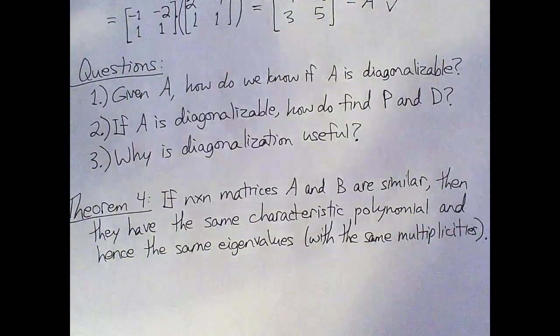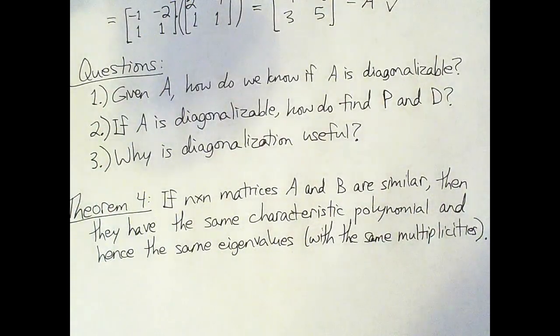So I don't really know if this seems surprising or not. I mean, we have this definition of similar that we just introduced, but the definition didn't really say anything about eigenvalues or characteristic polynomial. But it turns out similar matrices have the same characteristic polynomial.